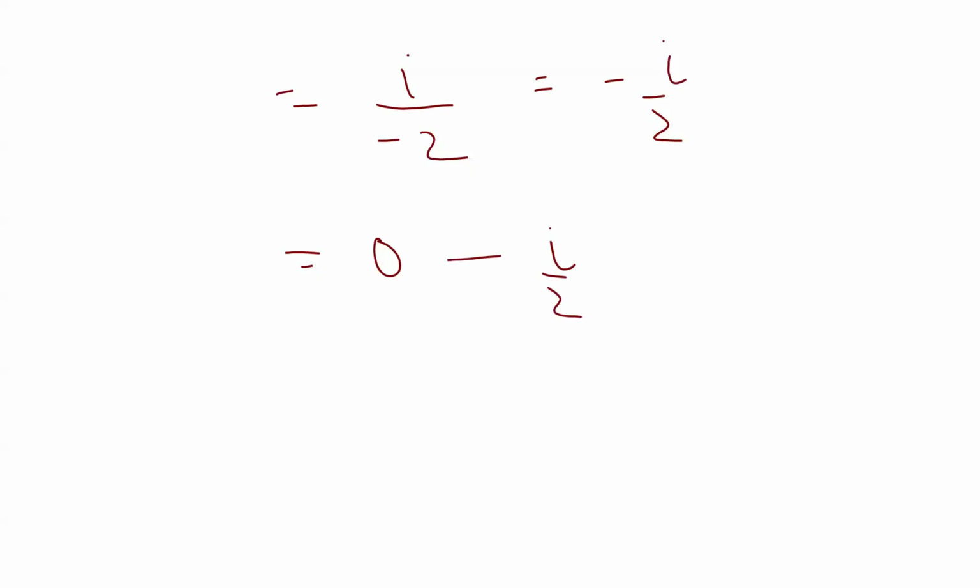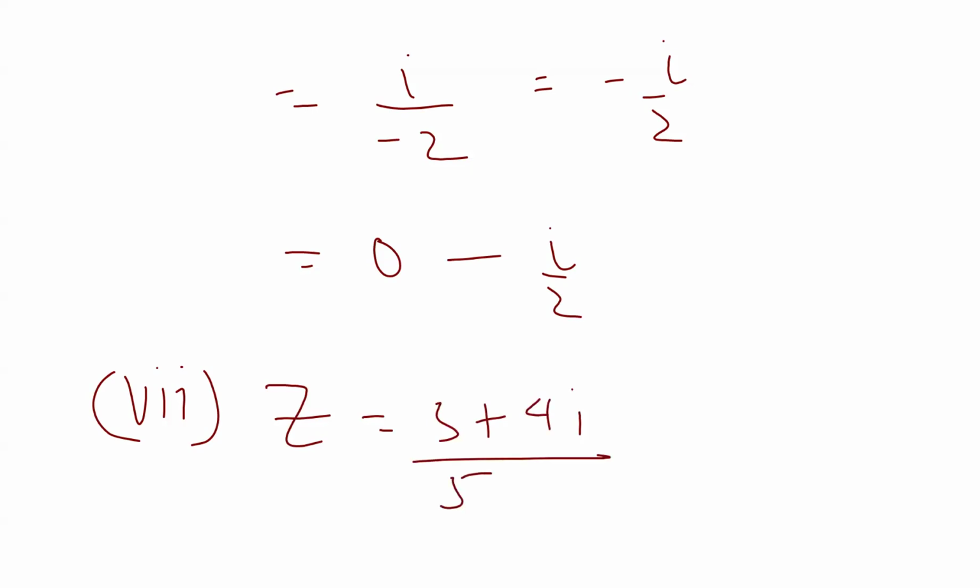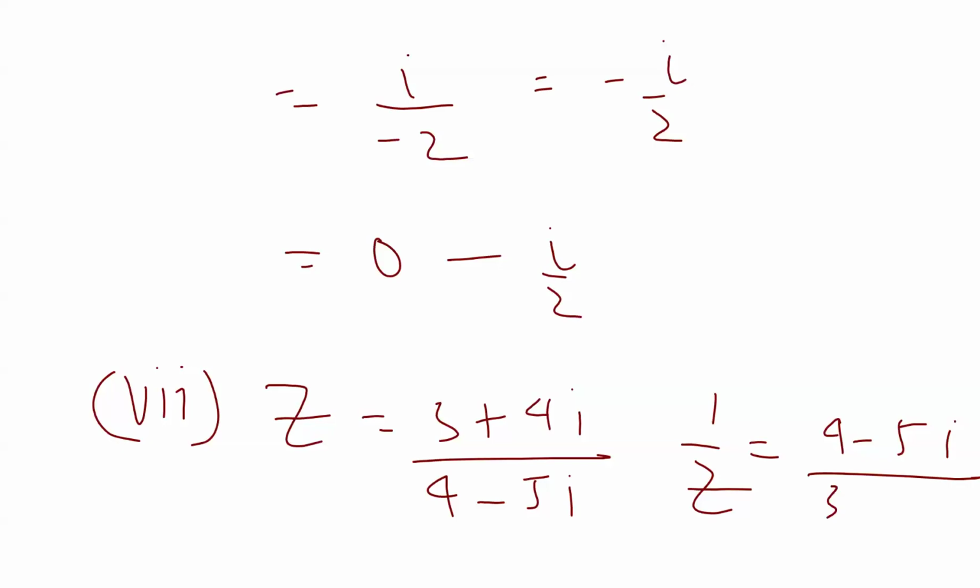Okay. Seventh question. Z is equal to (3 plus 4i) and (4 minus 5i). So 1 upon z will be, sorry, (4 minus 5i) upon (3 plus 4i).